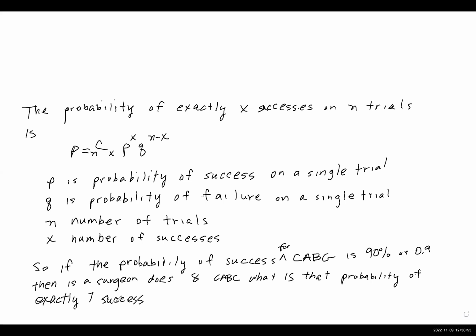We're saying exactly 7 successes, which means not 0, not 1, not 2, not 3, not 4, not 5, not 6, and not 8. Exactly 7. So we'll plug that in our formula.